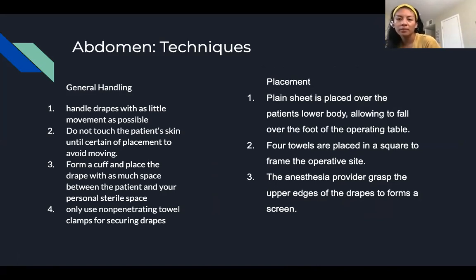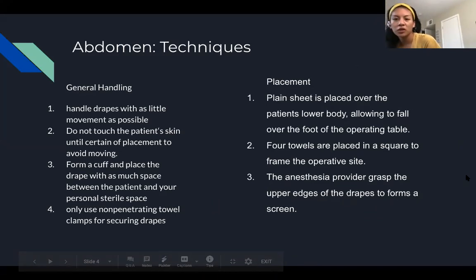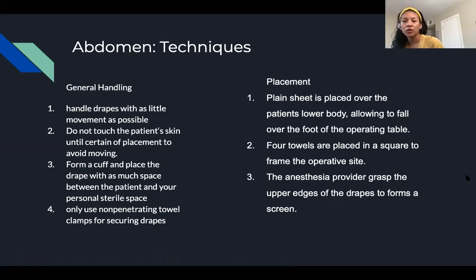Do not touch the patient's skin until certain of placement to avoid moving. Form a cuff and place the drapes with as much space between the patient and your personal sterile space, and only use non-penetrating towel clamps for securing drapes.